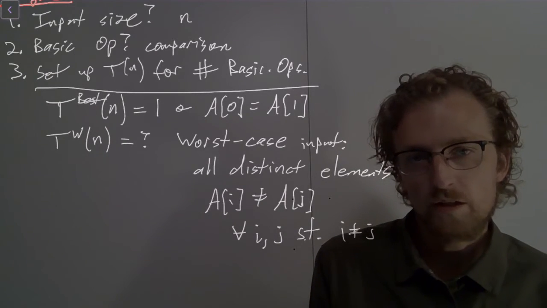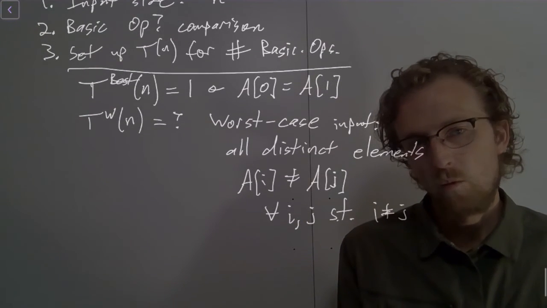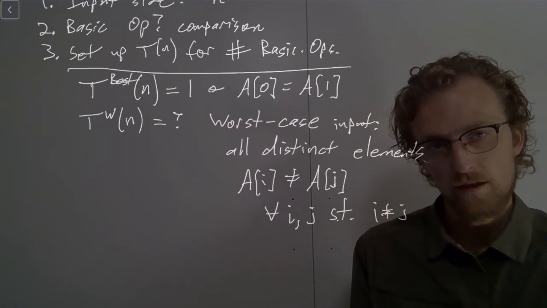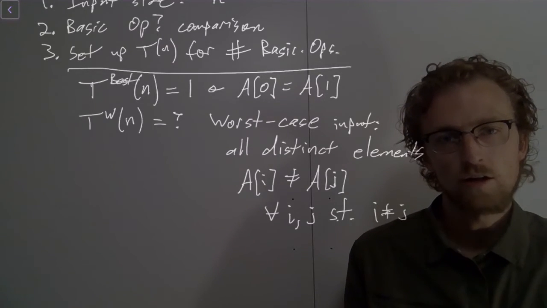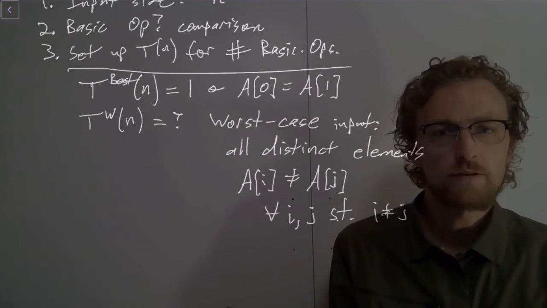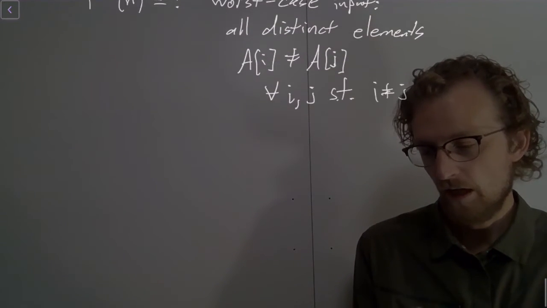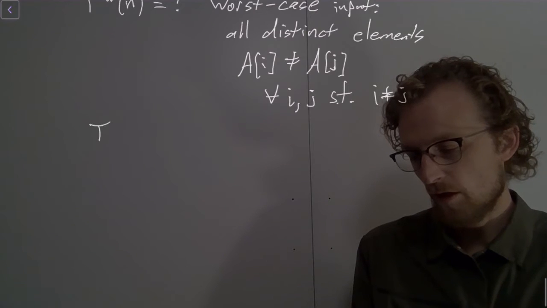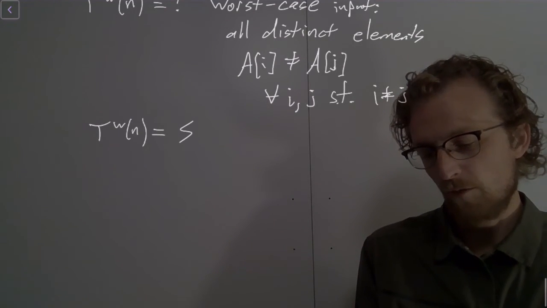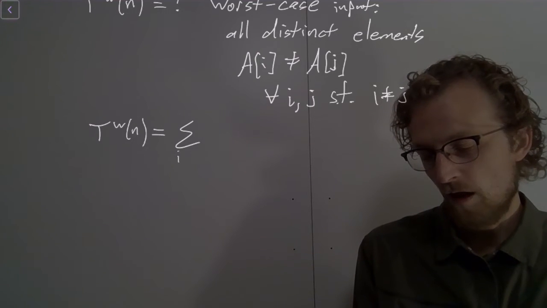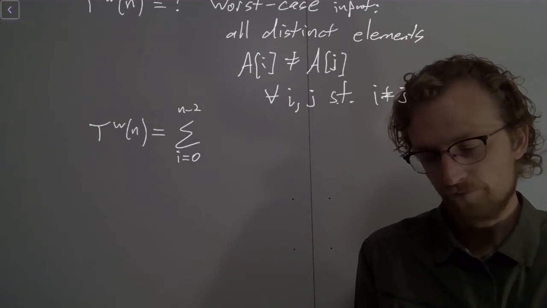So what actually happens when you run this thing on a worst case input? Well, we have two for loops that are nested, and whenever you have nested for loops, you can use a summation or a sequence of summations to capture directly what the running time is. So I will let you refer to the algorithm yourself, but we can end up with the following. Our outer for loop is this summation. So i starts at 0 and goes up to n minus 2.